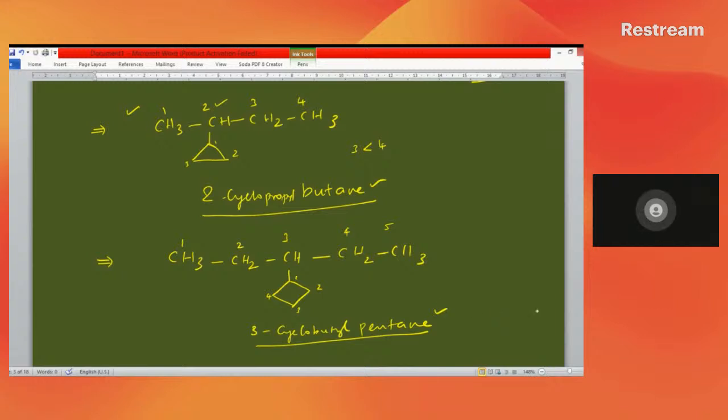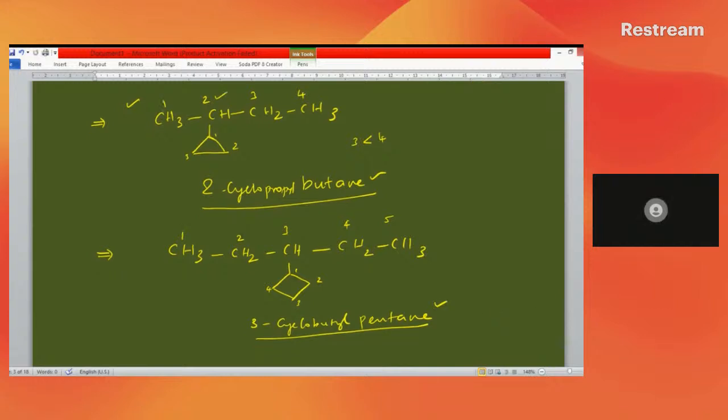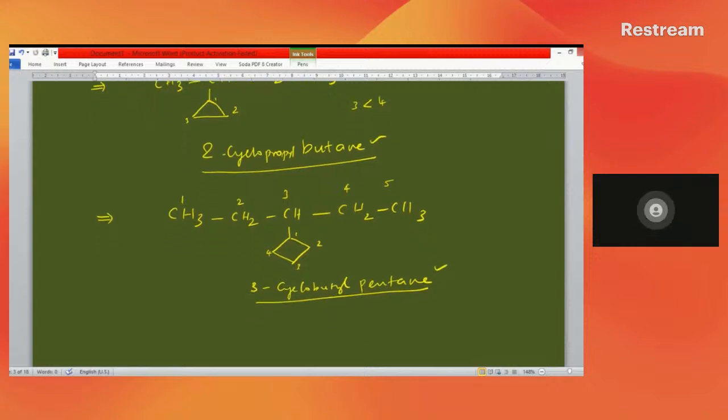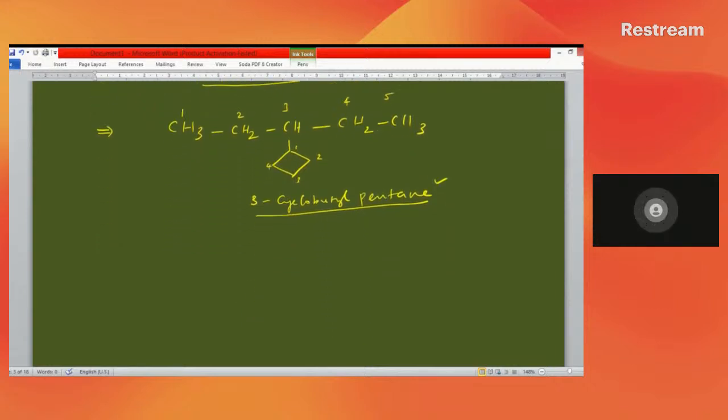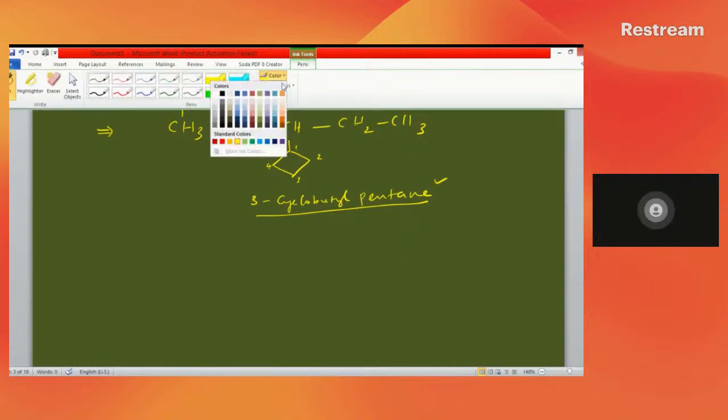In contrast with this, opposite to this, if the alkyl group has more carbon atoms, then that is treated as the parent compound.